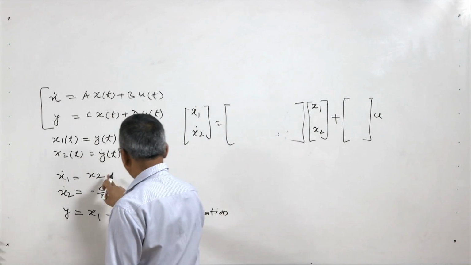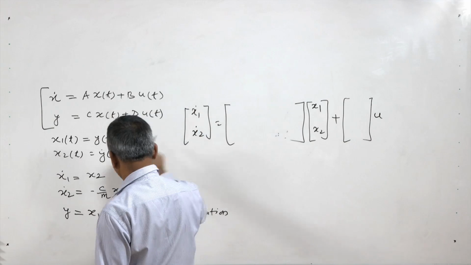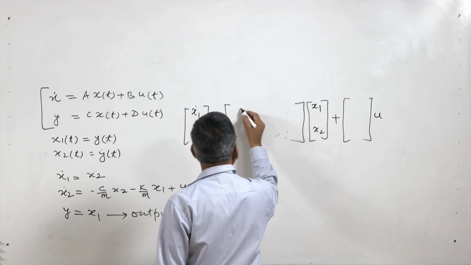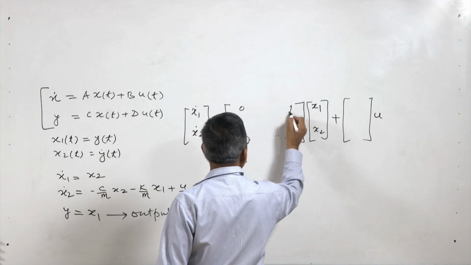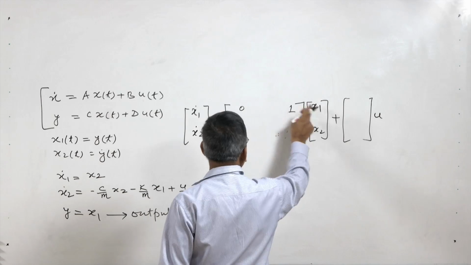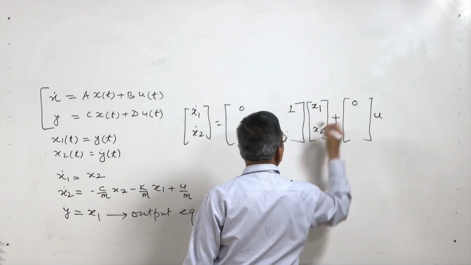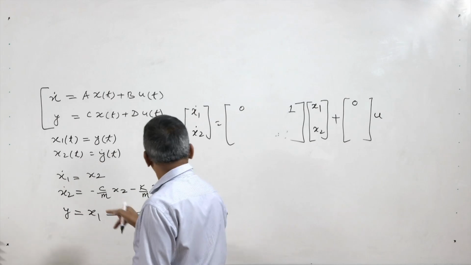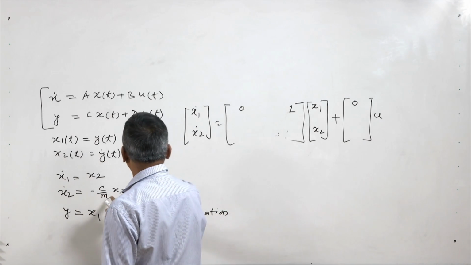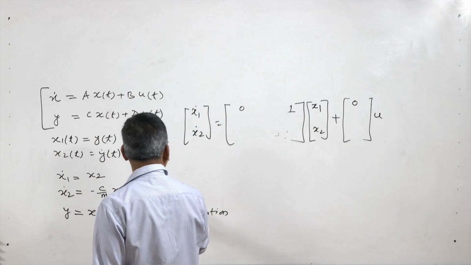From here you see that x1 dot is equal to x2. So, I can just write 0 and 1 here. When this gets multiplied I get x1 dot is equal to x2, and I put 0 here. Similarly, x2 dot is minus k by m x1.